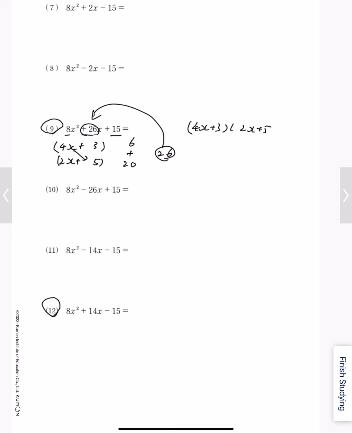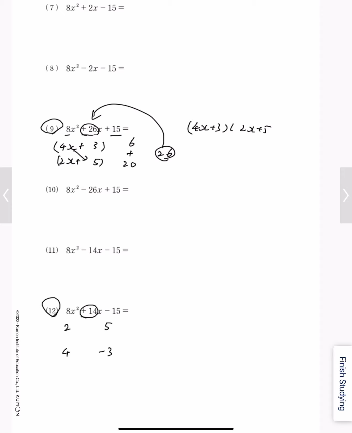All right, so let's move on with question number 12. For 8, my guess is gonna be 2 and 4. And then negative 15, since this is gonna be plus 14, so definitely I need the larger positive side. So in this case, I'm gonna be 5 and negative 3.